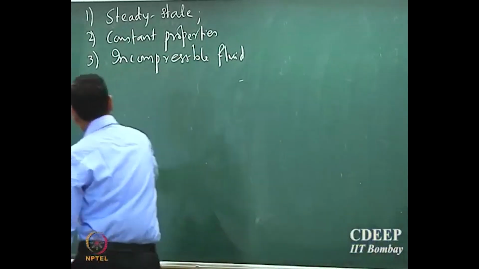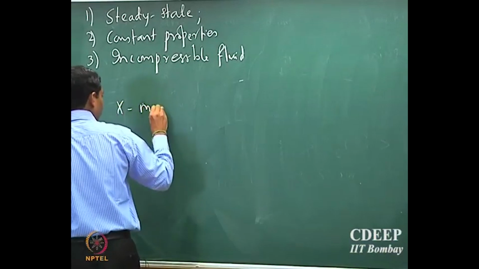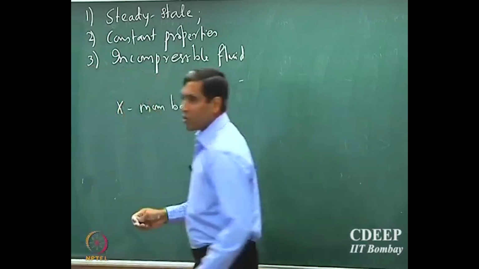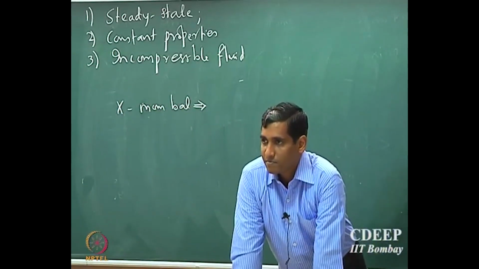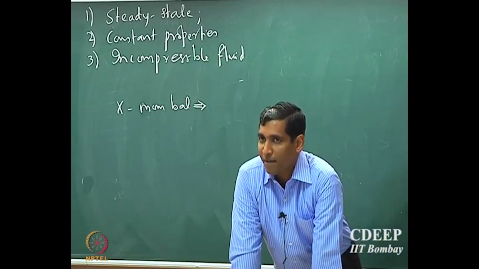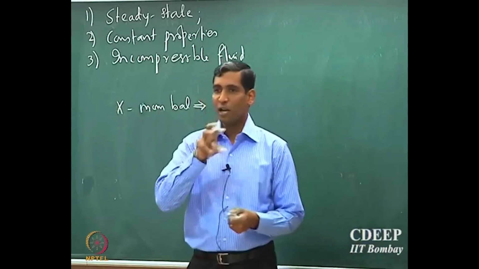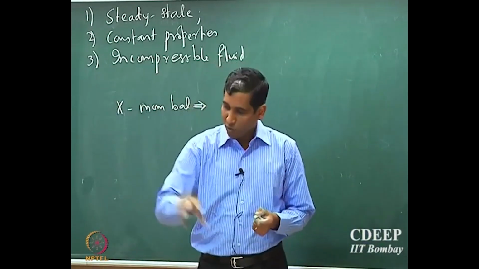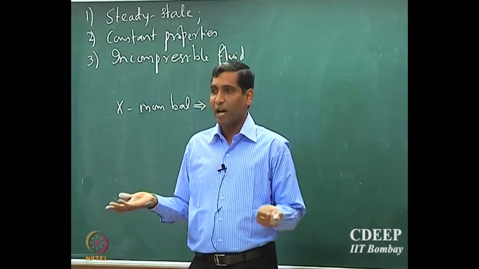Alright, so we need to write the x momentum balance. So what are all the processes which are likely to occur? Remember that whenever you write balances, you must identify the individual processes occurring in that problem, then find the mathematical representation and put the correct signs to it, and you're done.